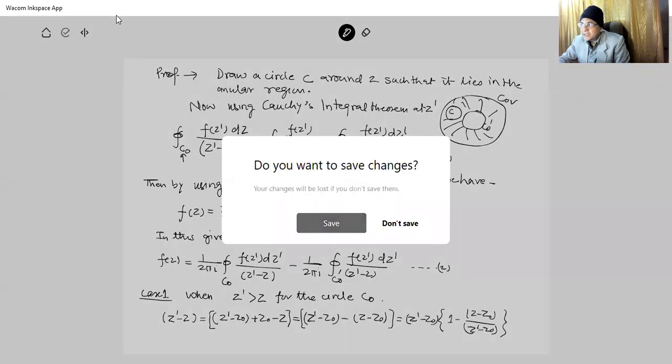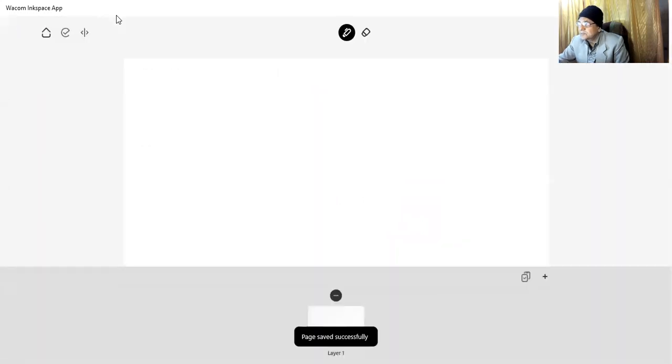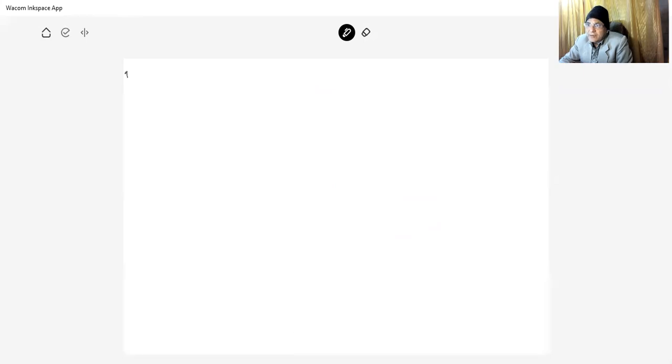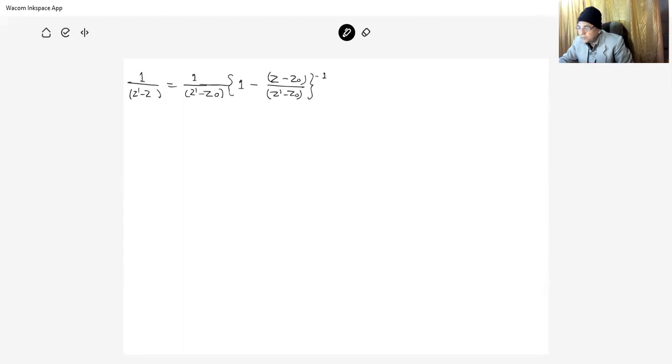So this can be expressed as 1 upon z' minus z, which is 1 upon z' minus z0 times 1 minus z minus z0 upon z' minus z0, to the power minus 1.